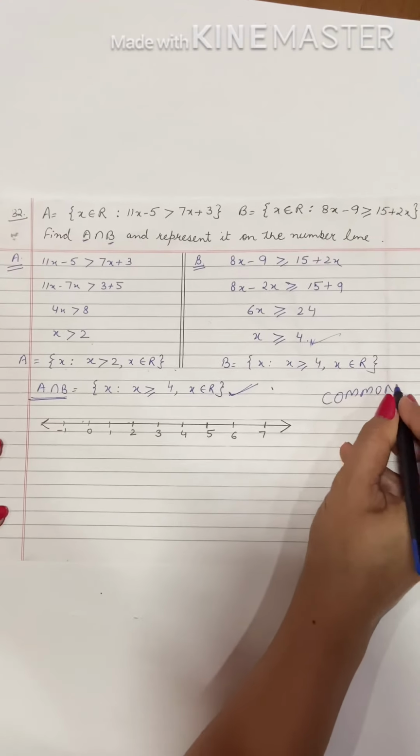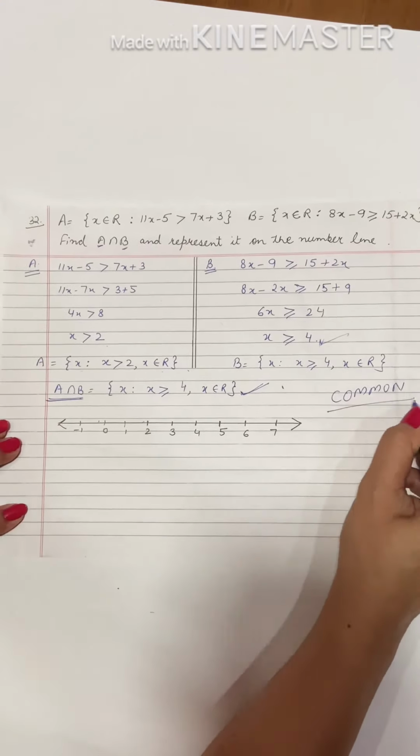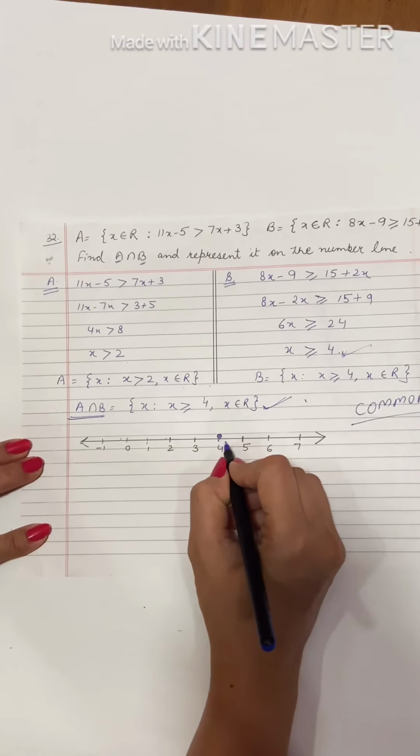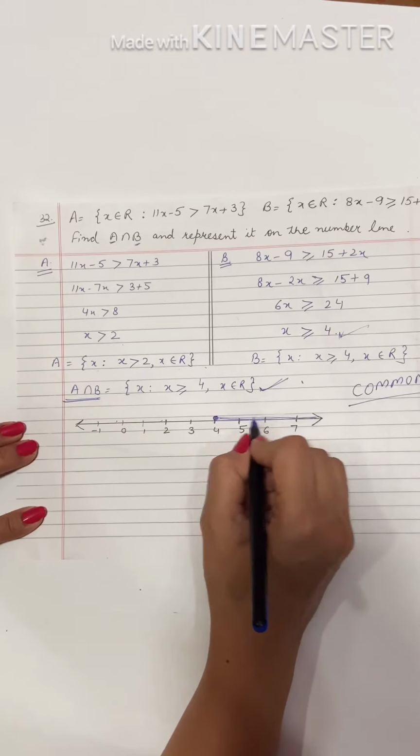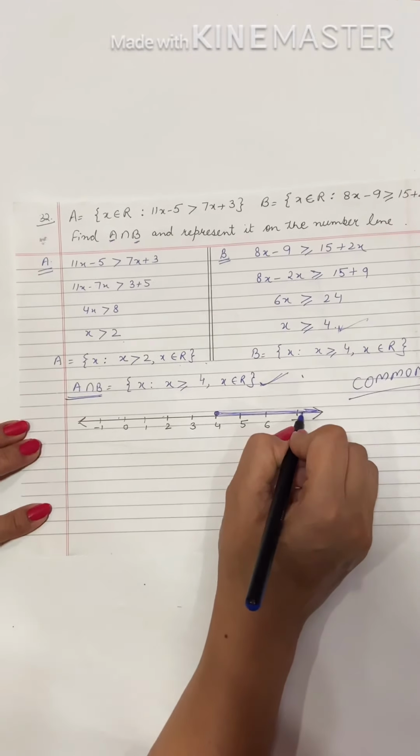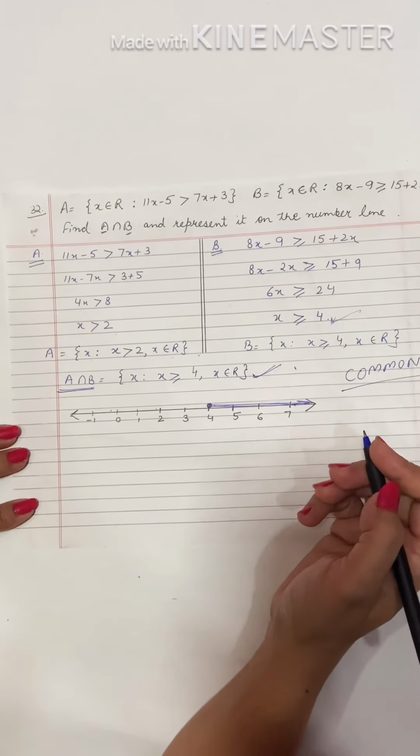What is common among them is x greater than or equal to 4. So this is the solution we'll be having. So highlight this 4, and greater than or equal to 4 means this will be highlighted towards the right hand side up to the arrow. So this is how you have to do the questions.